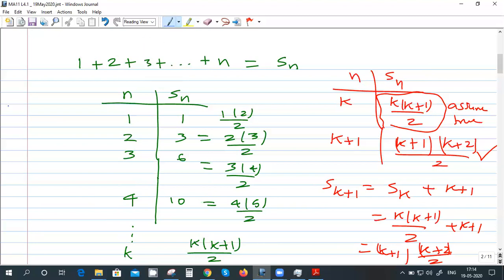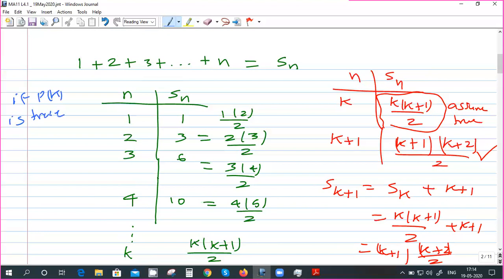Okay. So the important thing is if p of k is true, it implies p of k plus 1 is true. I am assuming it's true for k, and I'm proving that using that assumption I can prove it's true for k plus 1.